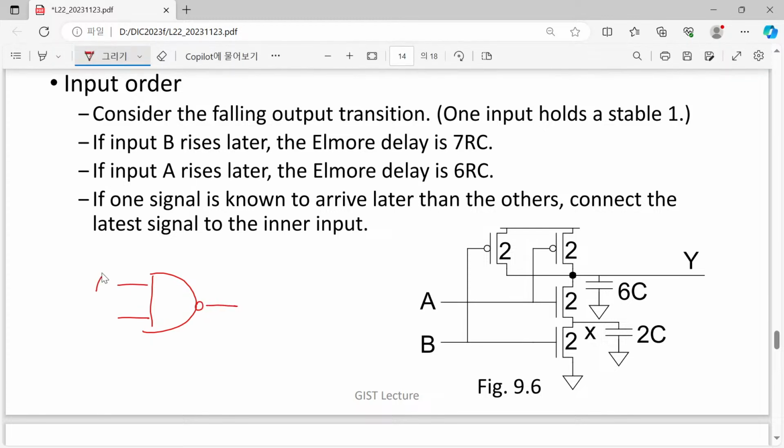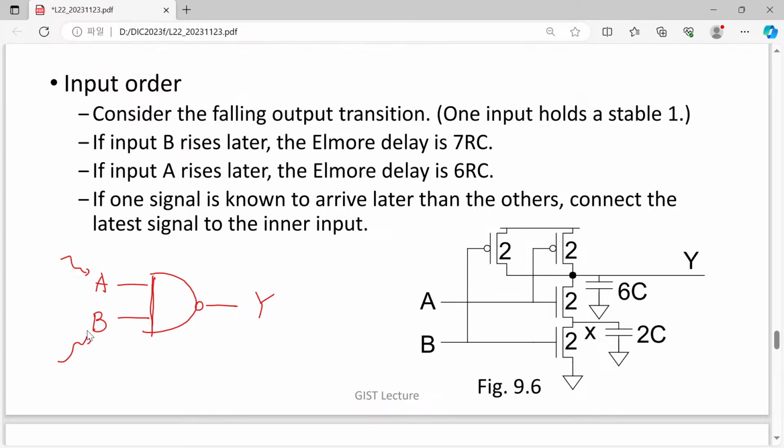A NAND gate with inputs A and B. If I ask you whether A is faster or B is faster, then up to now our answer would be that their propagation delay is the same because they are symmetric, and the A signal and B signal have the same amount of delay. However, let's have a look at this real implementation.